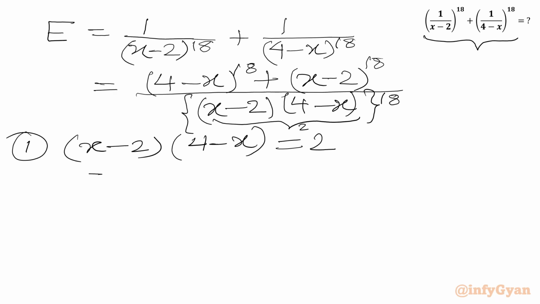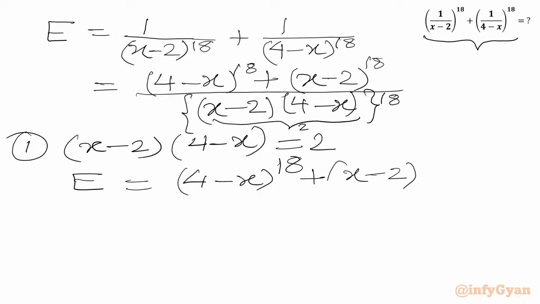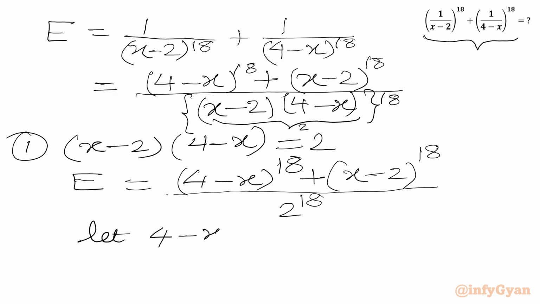So I will write our required expression E equal to (4-x)^18 + (x-2)^18 divided by 2^18. Now let us say 4 - x equal to a and x - 2 equal to b.